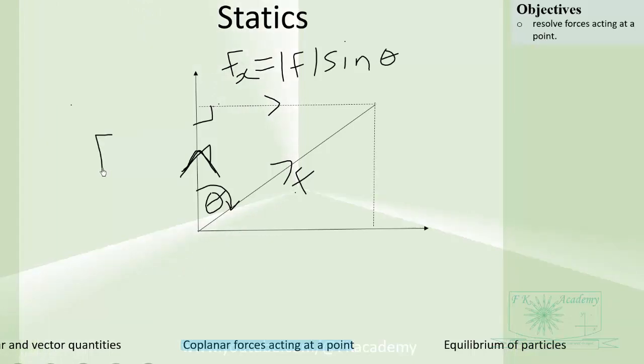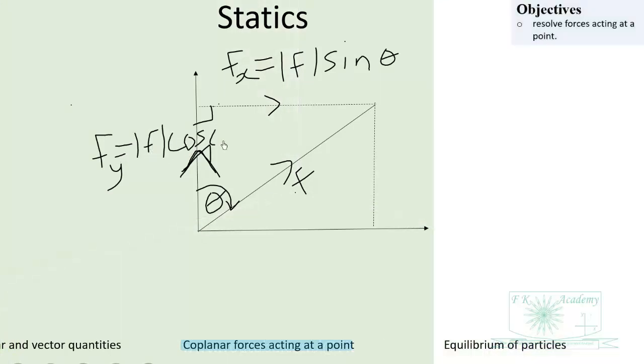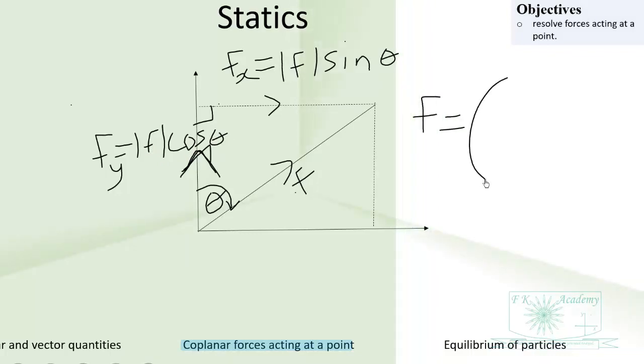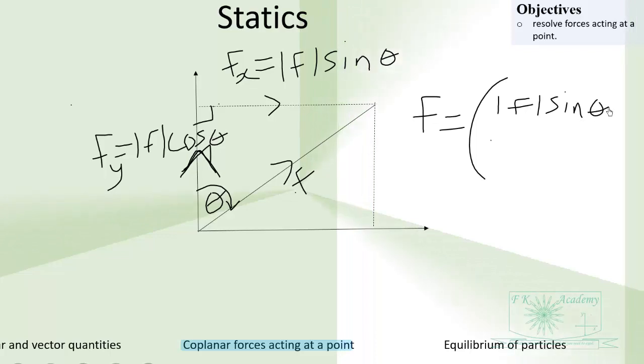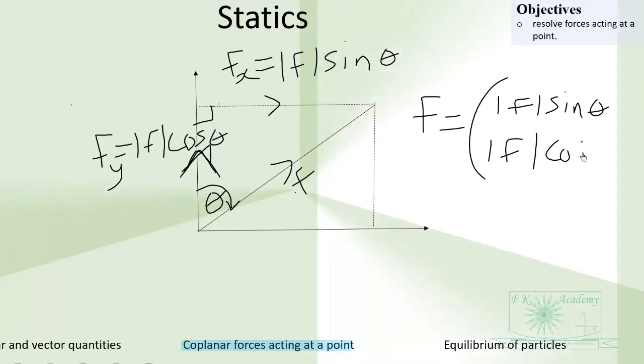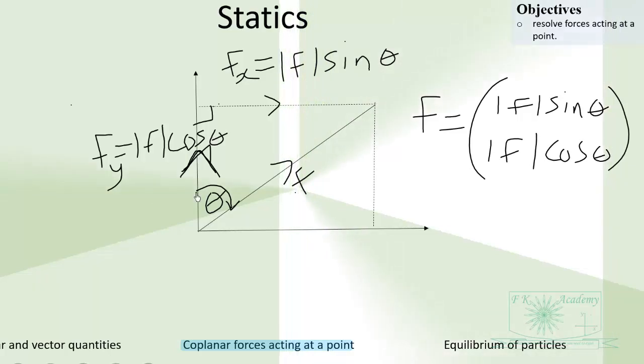Similarly, we can find the vertical component of the force to be magnitude of F cos theta. So when we resolve the force F, we will obtain it in the component form as magnitude of F sine theta, then magnitude of F cos theta. Remember, the theta is measured from the vertical axis, or let's say from the north pole.